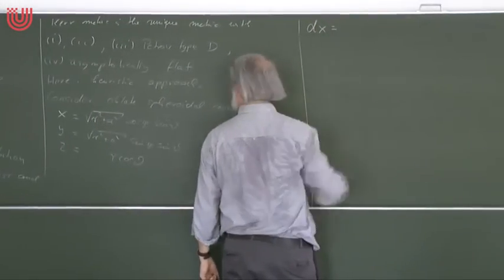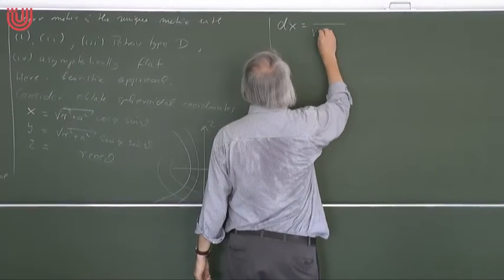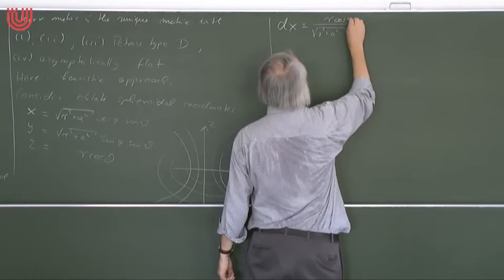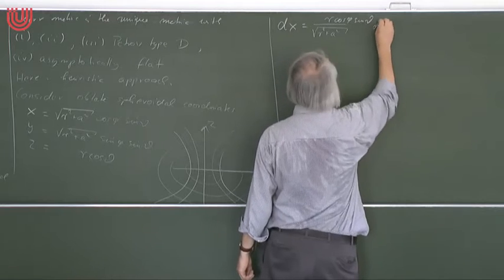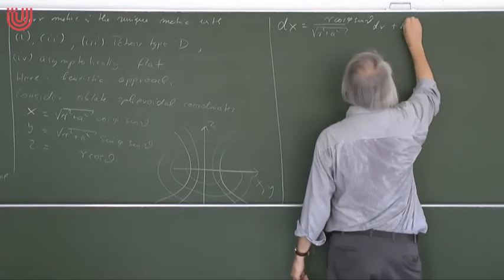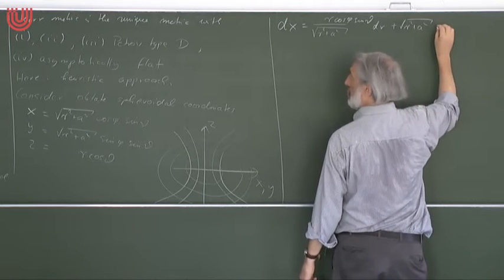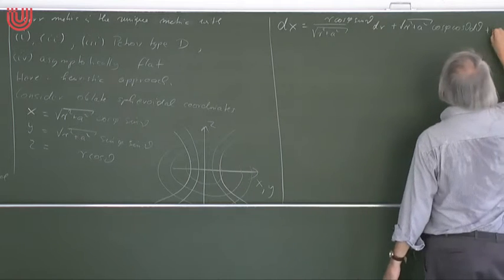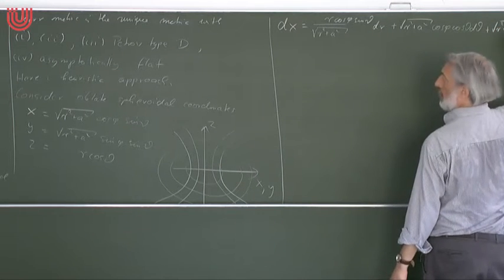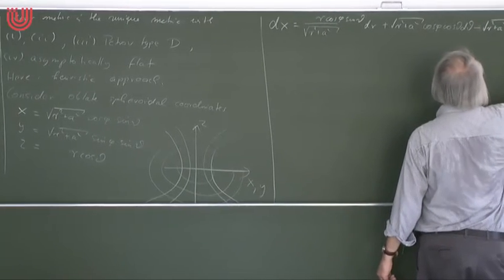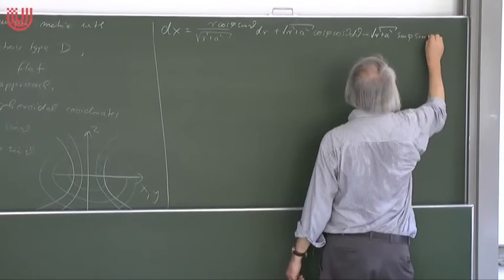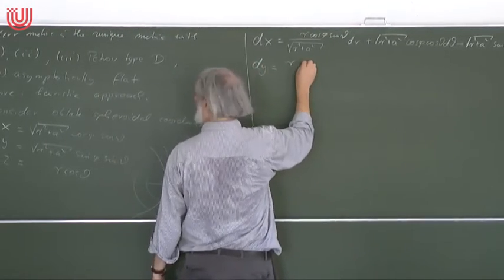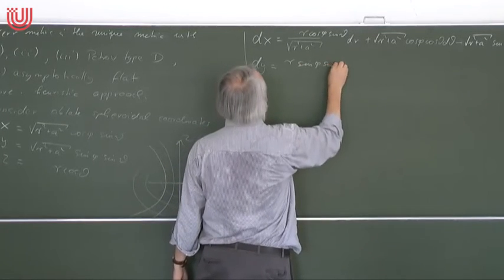So let me calculate the differentials. dx is 1 over the root of r squared plus a squared, times r cosine phi sine theta dr, plus the root of r squared plus a squared, cosine phi cosine theta d theta, plus the root of r squared plus a squared, and now it's a minus, sine phi sine theta d phi.